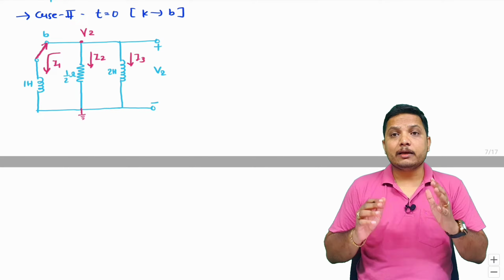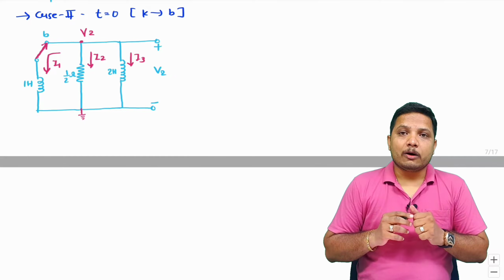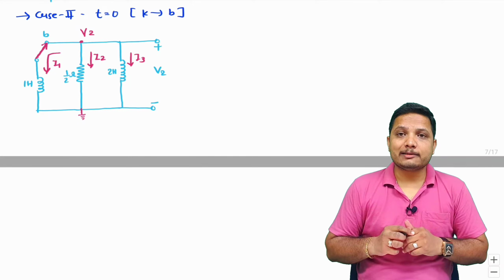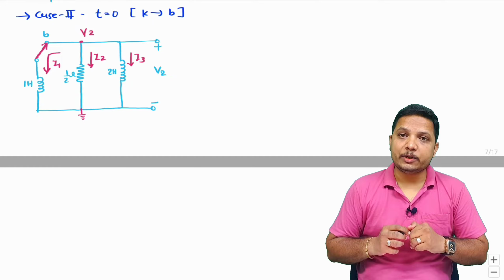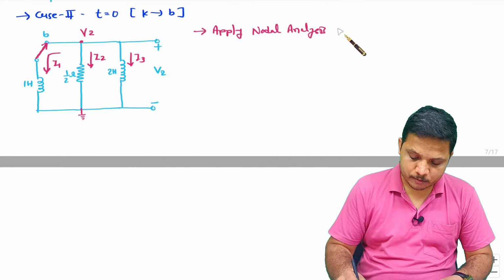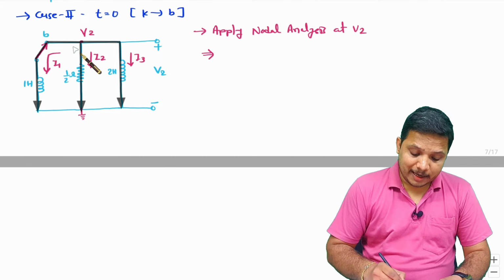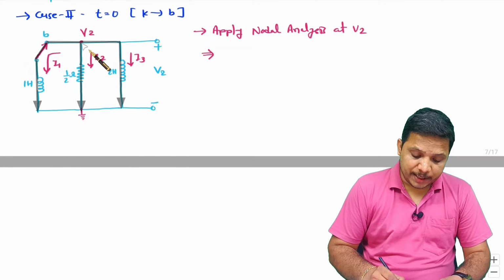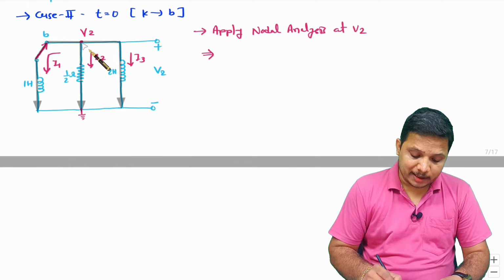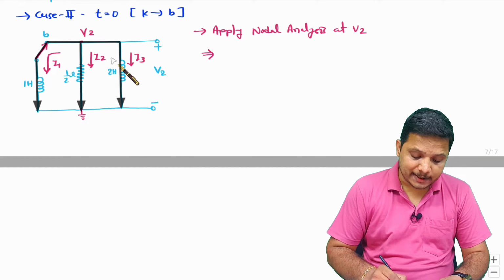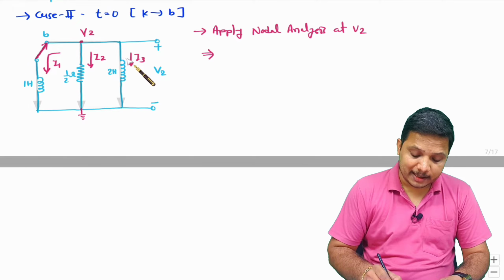Let us apply Kirchhoff's current law, or one can say nodal analysis, at V2. Here the entering current is 0 at V2, and I1, I2, I3 are leaving currents. So I can say I1 plus I2 plus I3 equals 0.